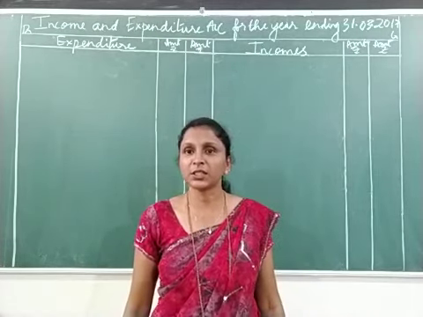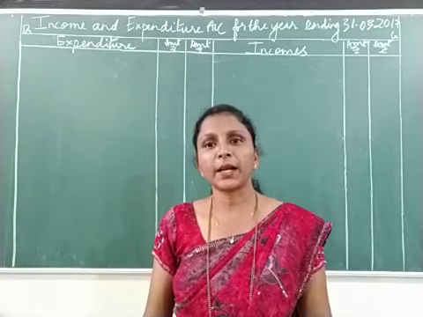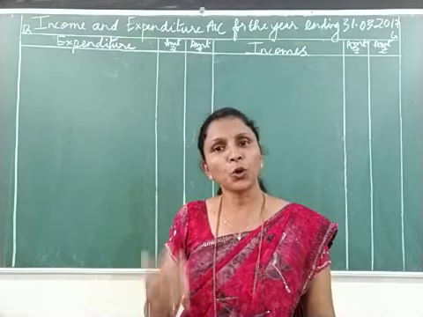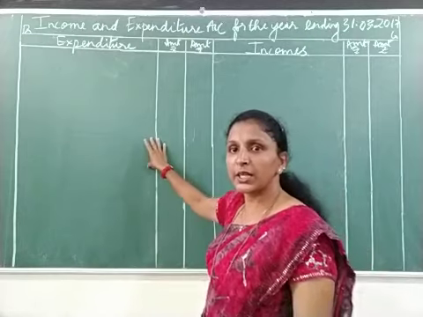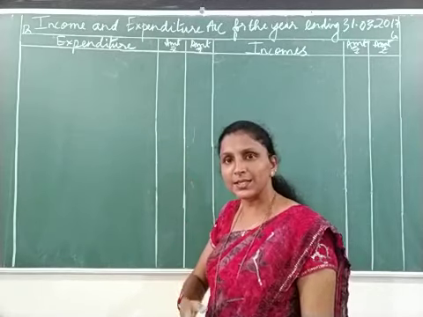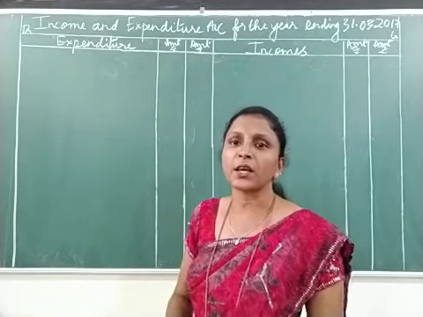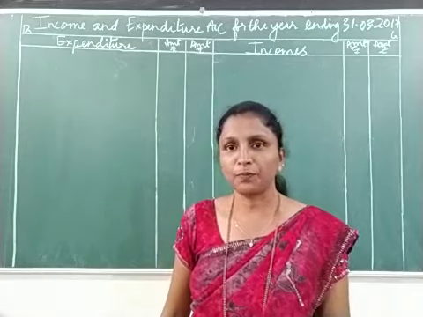We said in our theory, receipts and payments account includes both capital and revenue items. Income and expenditure account includes only revenue items. So now, income and expenditure account is prepared by looking at the receipts and payments account, where both revenue and capital items are there.